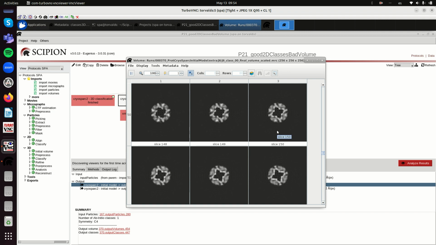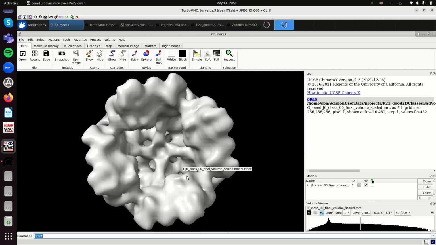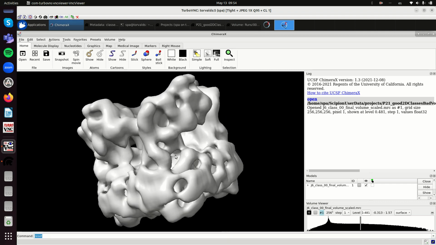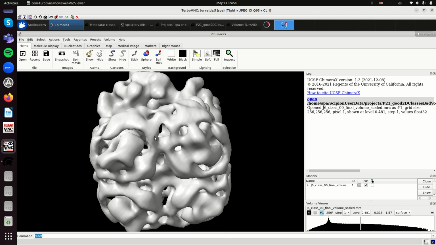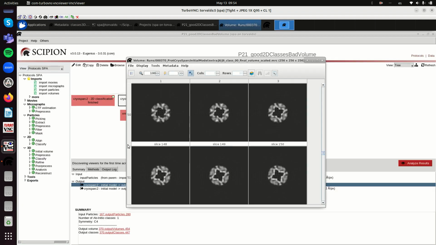It is not exactly the same, but sufficiently similar. We see the same kind of details.